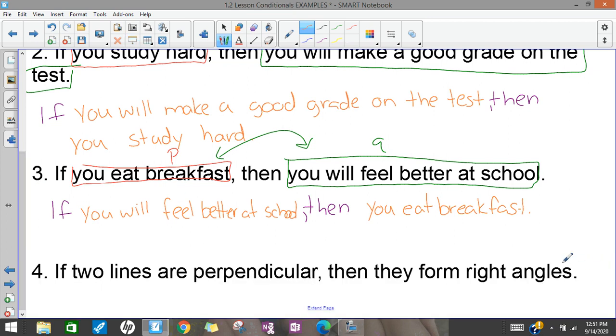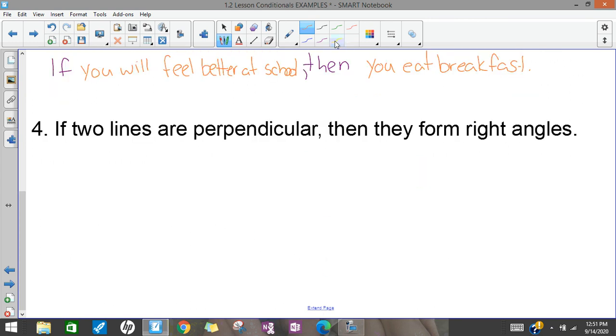So I want you to try this last one. Go ahead and try this last one. Write the converse by switching P and Q, and then I will show you the answer. So P was 2 lines are perpendicular. Q was they form right angles.